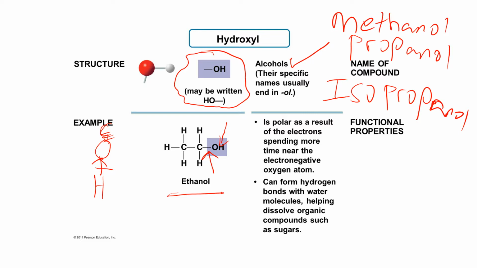Alright, so what that means is that this OH group is a polar functional group. Alright, so that means that your alcohols are soluble in water. Alright, so they can form hydrogen bonds with water molecules.